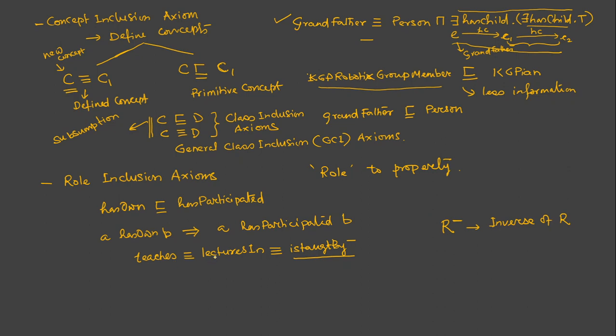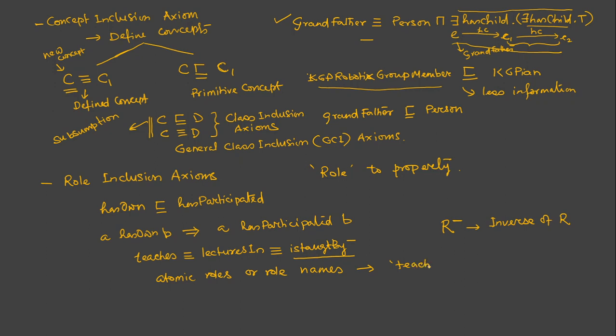Now, whenever we have these roles and their inverses, when we describe the formal semantics of all these things, we'll be using two terms. One is atomic roles or role names. An example of an atomic role or role name is, say, teaches.